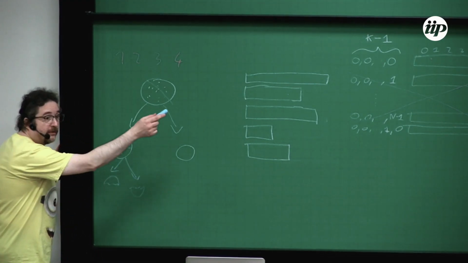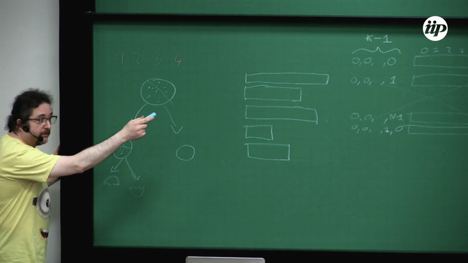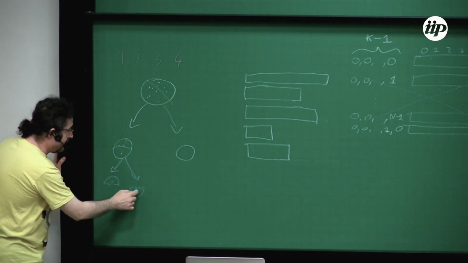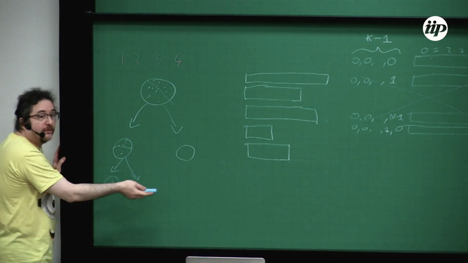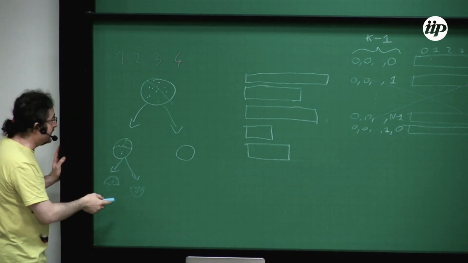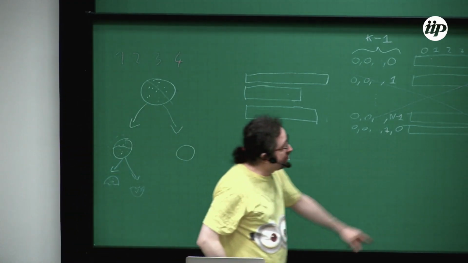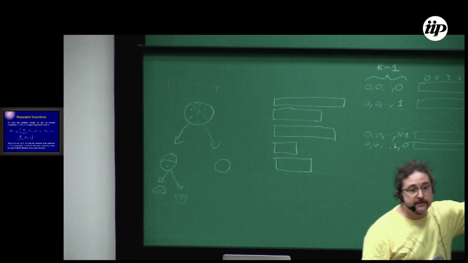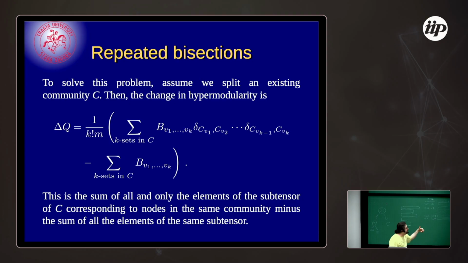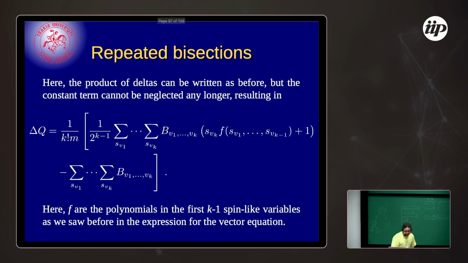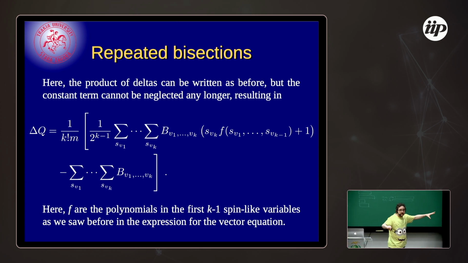So if I'm brute forcing the contribution to the modularity of this piece here and this piece here, I need to subtract the contribution to the modularity that was due to this that I had before. But that thing there is just the sum of these elements over there. So I remove that and I add the next thing. So where does this bring us? We take the product of deltas and we rewrite it as before, with the s_k on one side and the other expression on the other side.